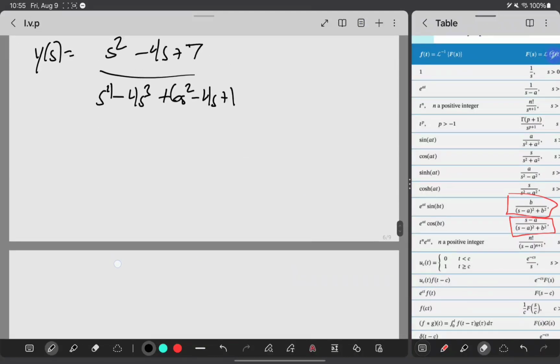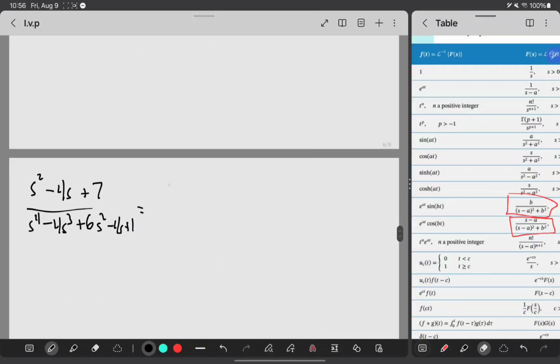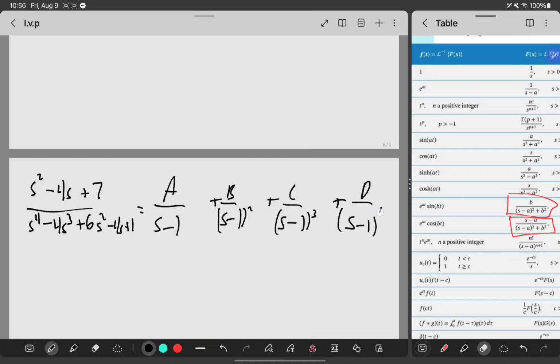So this can be rewritten s squared minus 4s plus 7 over s to the 4th minus 4s cubed plus 6s squared minus 4s plus 1, which is s minus 1 to the 4th, equal to a over s minus 1 plus b over s minus 1 squared plus c over s minus 1 cubed plus d over s minus 1 to the 4th.